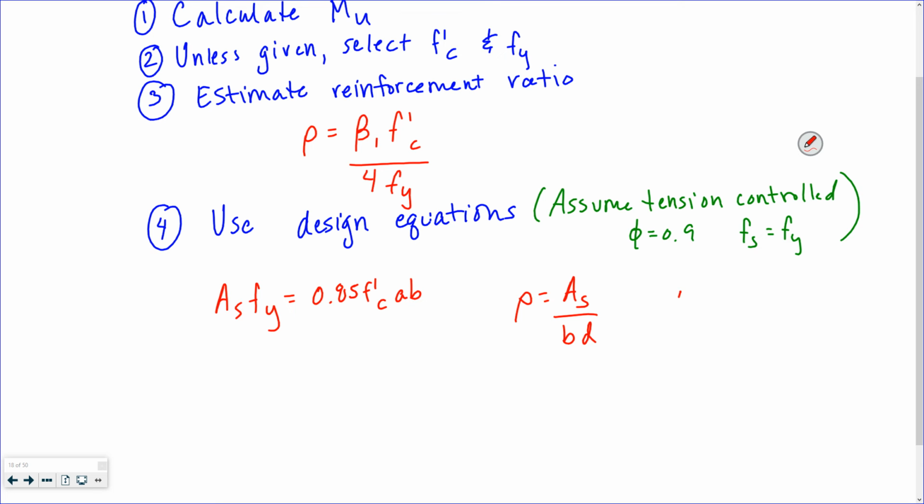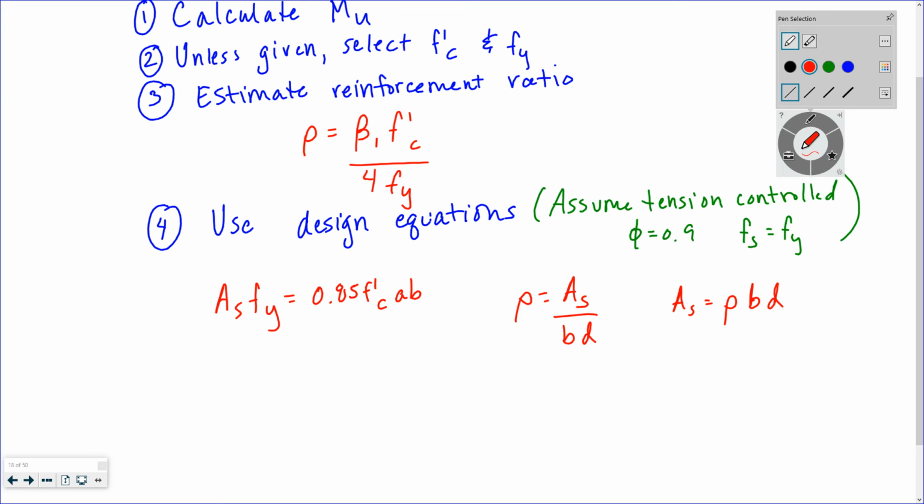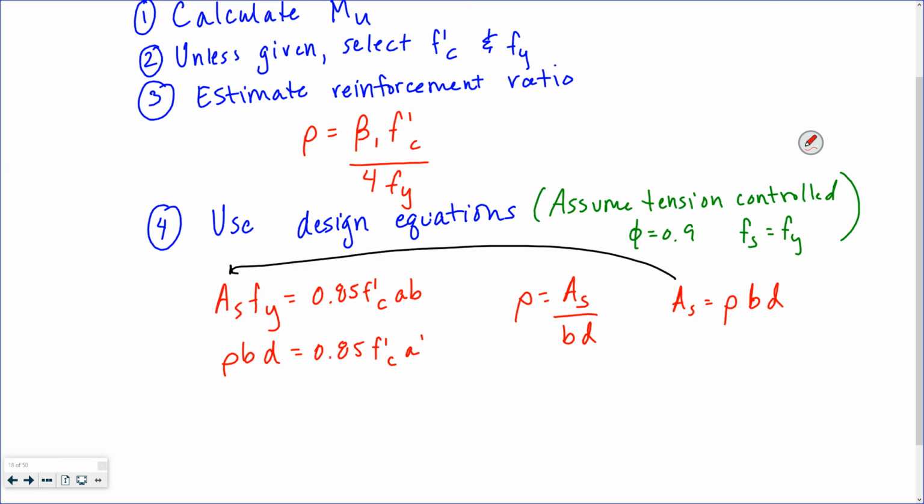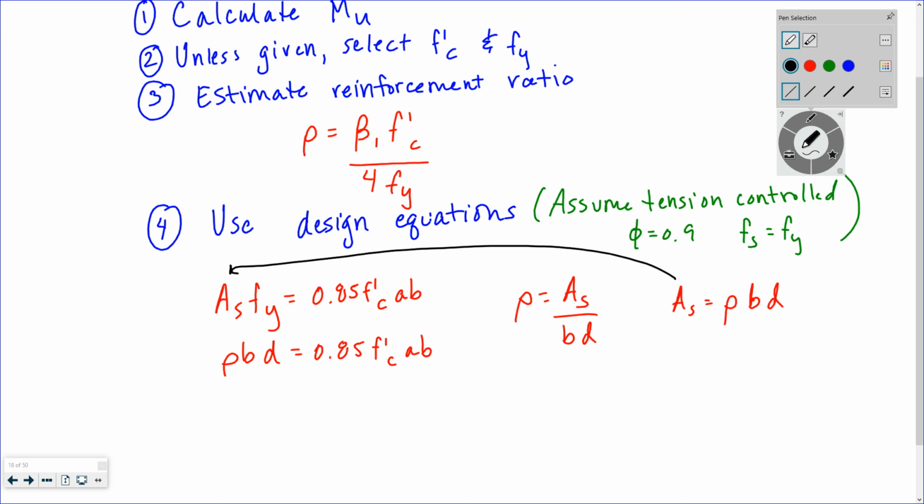If I solve that for As equals rho bd and put that in here for As, rho bd Fy is equal to 0.85 f'c a b.